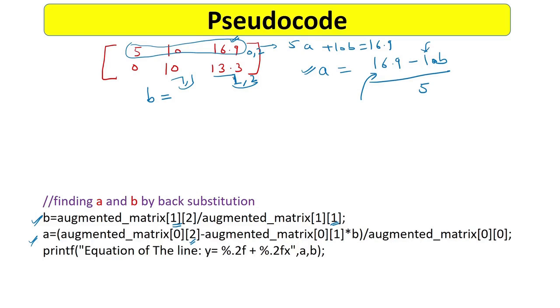This 10 is actually the 0 comma 1 element. So you can see minus of 0 comma 1, multiplied by the B value. The B value I have got from here. Now divided by this 5. This 5 is the 0 comma 0 element, so divided by the 0 comma 0 element. I have applied this and I have found the value of A using the value of B.